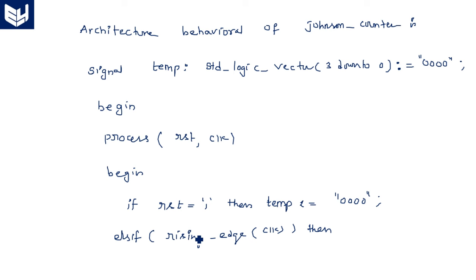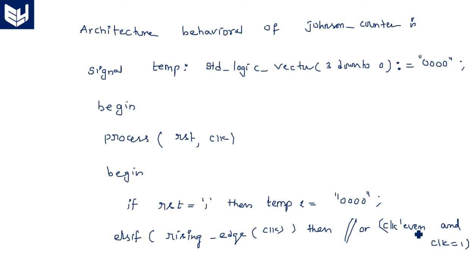Else if rising edge of the clock, or we can also say that clock is equal to 1 and clock'event, or we can write it like this: if clock'event and clock is equal to 1.